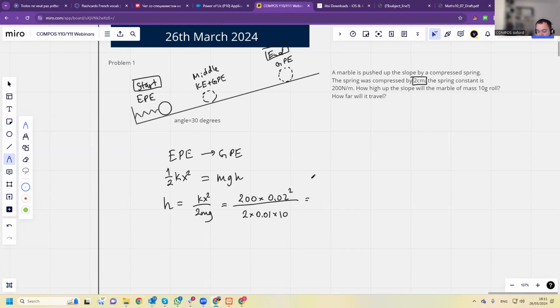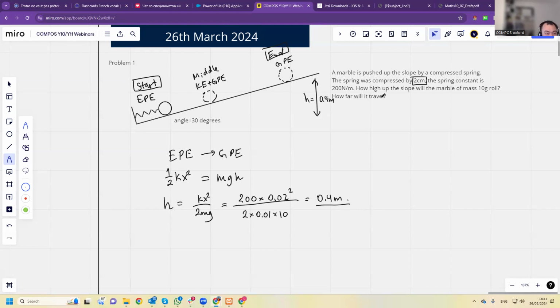So 200 times 0.02 squared divided by 2 divided by 0.01 divided by 10. So it's 0.4 meters. So the ball will climb 0.4 meters, the height.